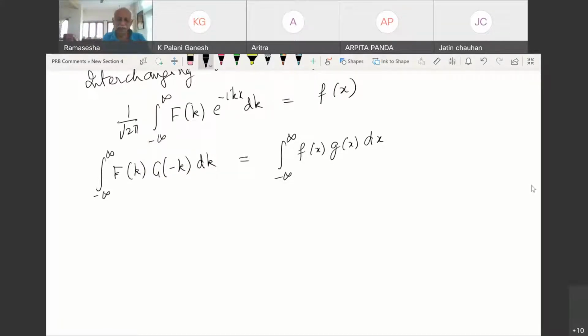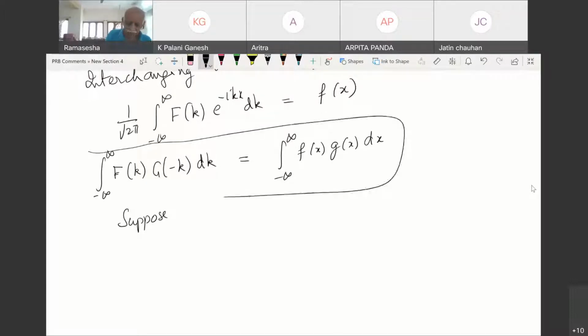This is one of Parseval's theorems. I don't know which is first and which is second, but this is one of Parseval's.